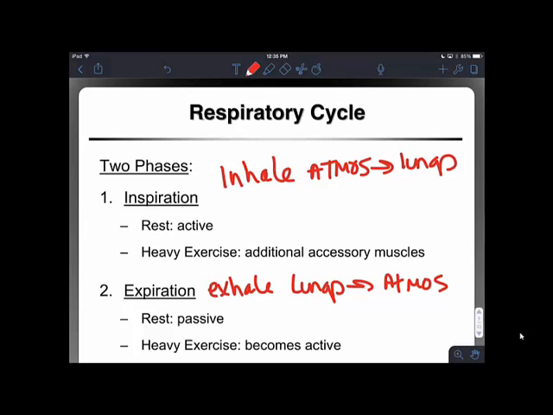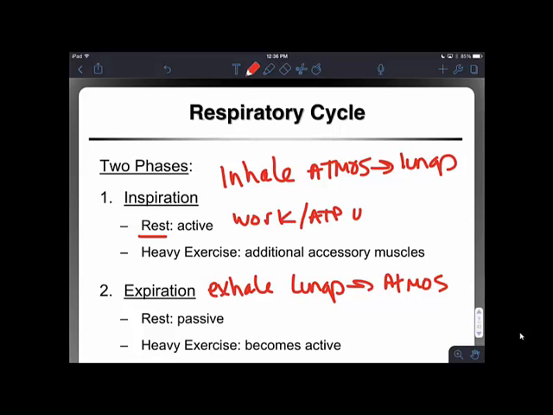But for now, what I want you to understand is that at rest, resting breathing, inspiration is active. Okay, remember the terms active and passive when we talked about them in terms of blood moving through the heart. So if inspiration is active at rest, that means that some type of work is being done.